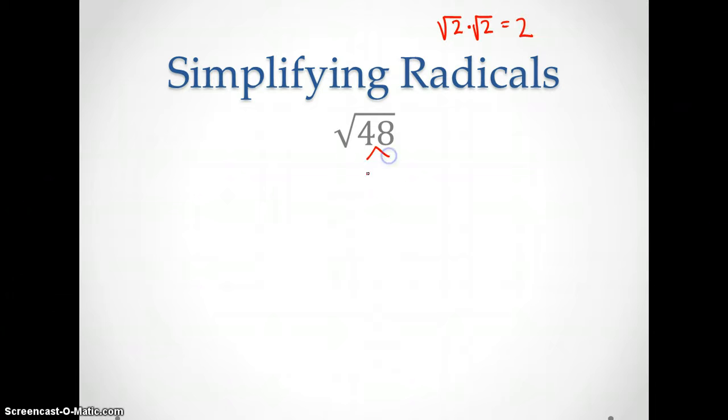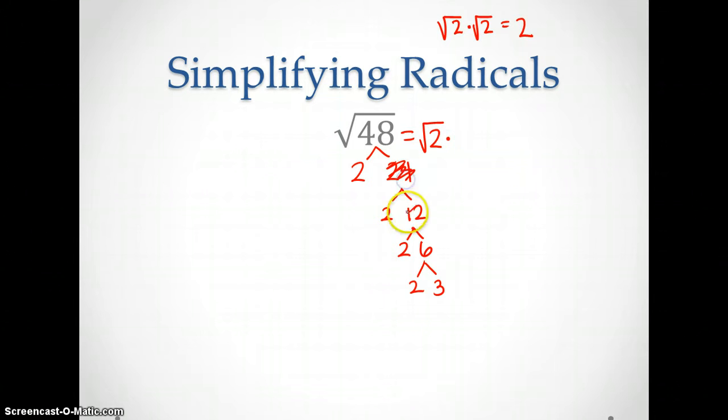So what I'm going to do is actually write out the factors of 48. I have 2 and 24, and I'm just going a different route to show you don't have to use the same factors every time, but 2 and 12, 2 and 6, and 2 and 3. So if I was going to rewrite square root of 48, I could rewrite it as square root of 2.